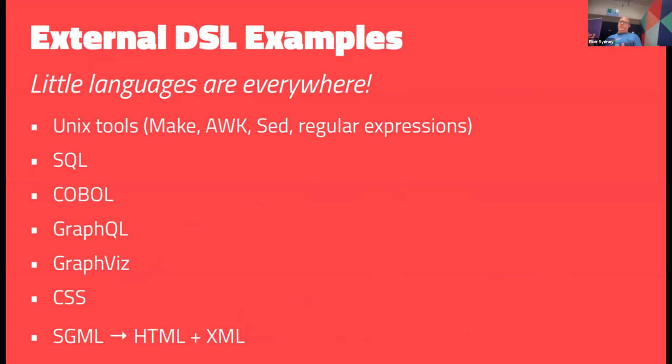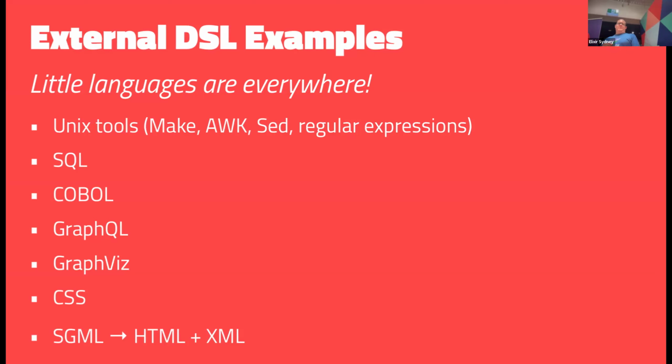All of the Unix tools, basically, even regular expressions are basically a domain specific language for text matching. That's pretty great. SQL was intended to be a domain specific language for data fetching in a relational algebra, and COBOL was intended to be a domain specific language for business applications.